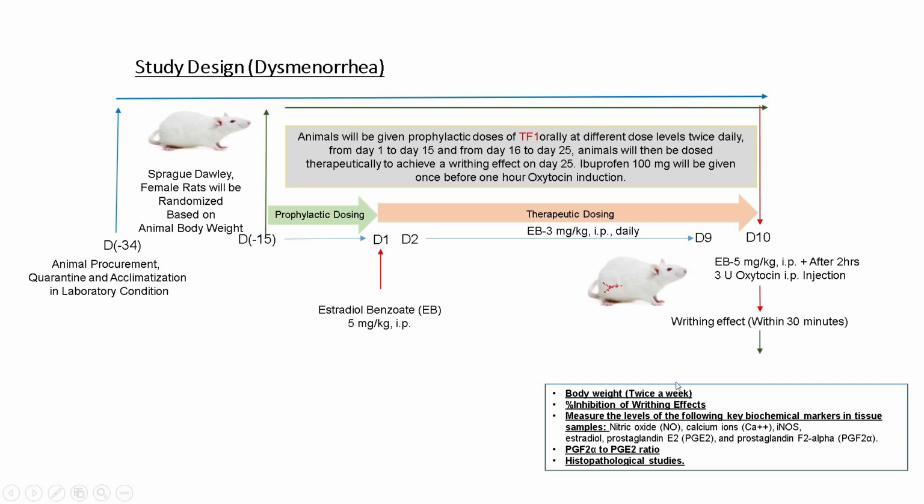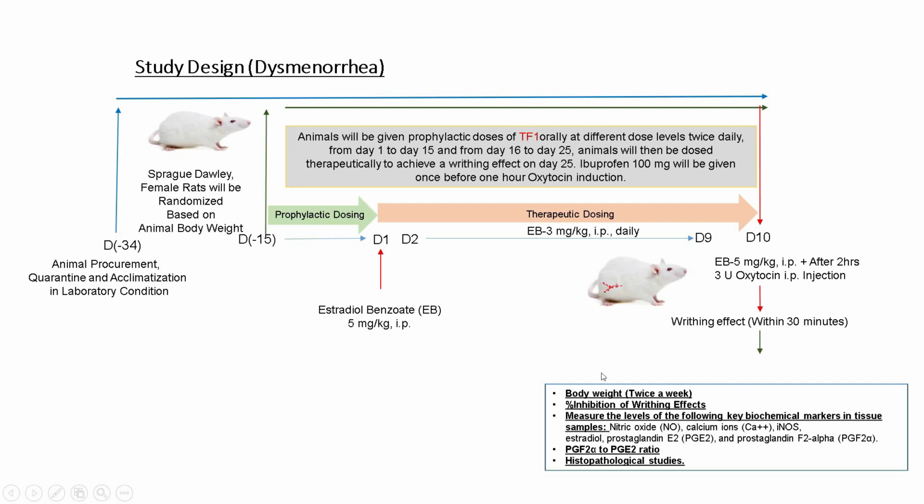You have to check the body weight twice a week. This is an important parameter when you induce the estradiol drug. It will show the change. This parameter is important, so twice a week you have to record. Next, after disease induction, you have to dissect the animals, and then you can check these parameters.